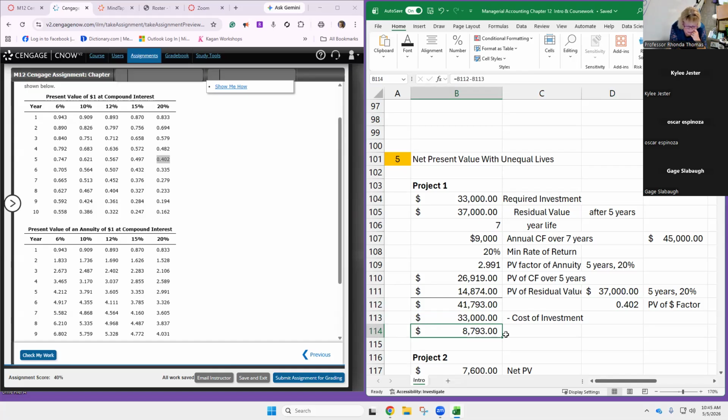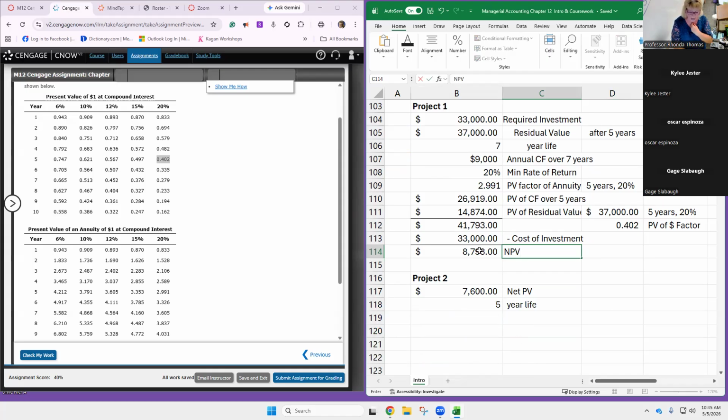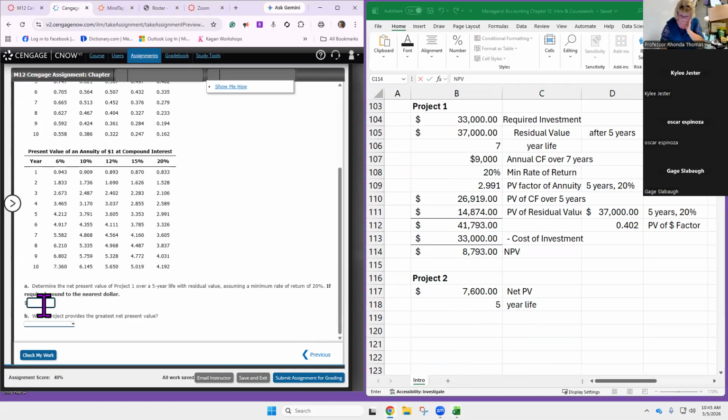So this one has the net present value. Sometimes it's just NPV, net present value. This one has a higher net present value than project 2. Putting it in, I got 87.93, and they just want it to the nearest dollar.